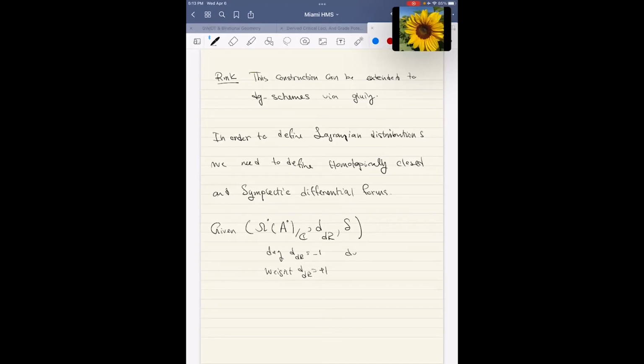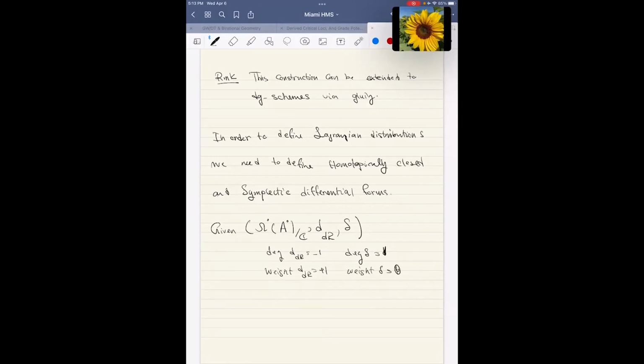The degree of delta is 0. If you have an n form on A0, delta shifts it to the n form on A minus 1, but it doesn't change the degree of the form, sorry. Yeah, so the weight of delta is 1. Okay, so that's what it is. I think I should write this actually backwards.